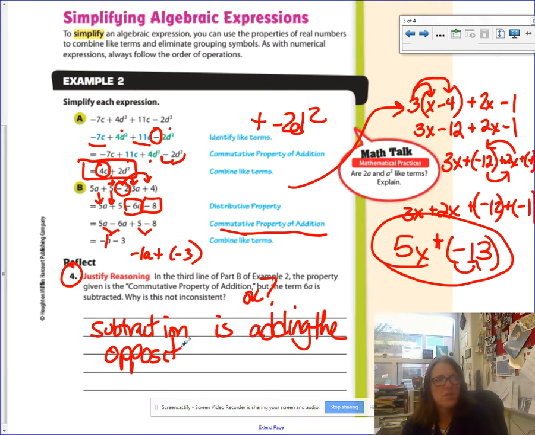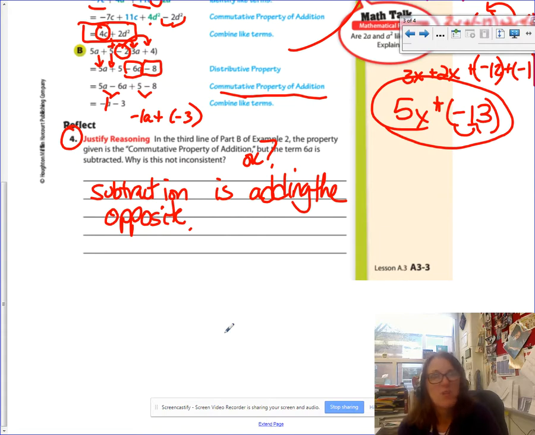So what they are doing is they're kind of combining this together. They're sticking that negative sign with that value or with that expression, that term there, and that's considered legal. Okay? That's why.